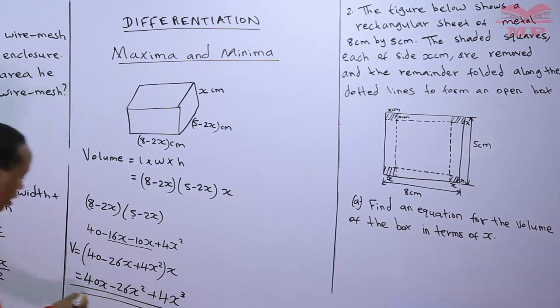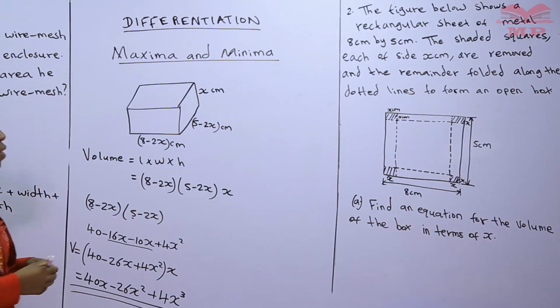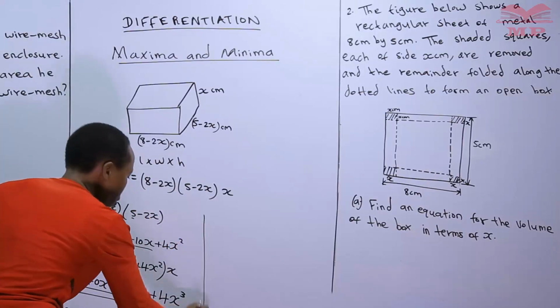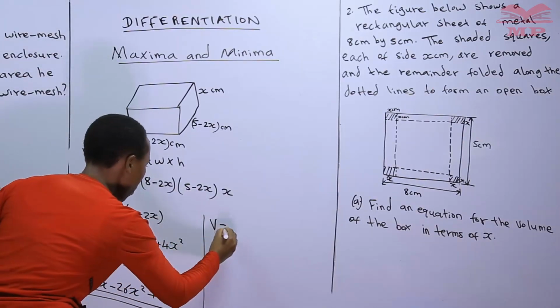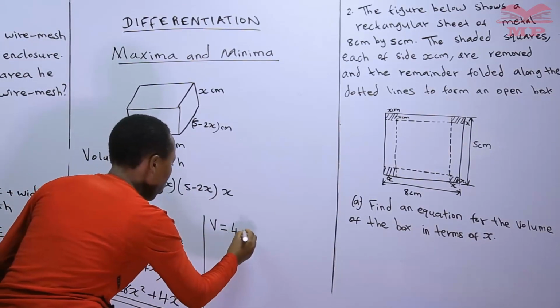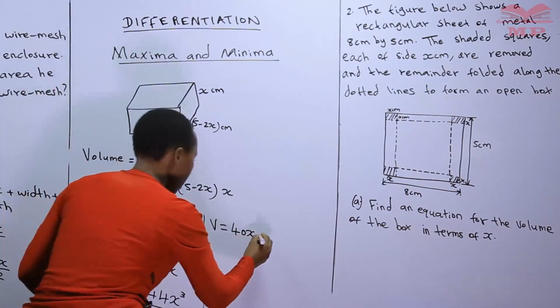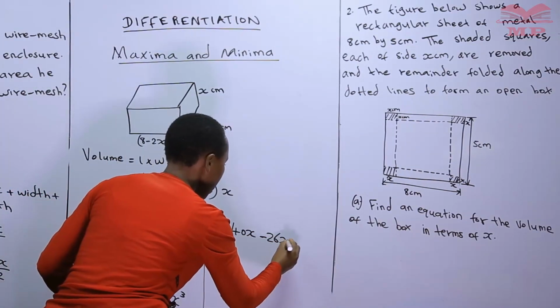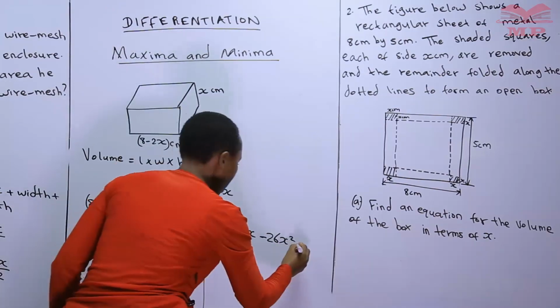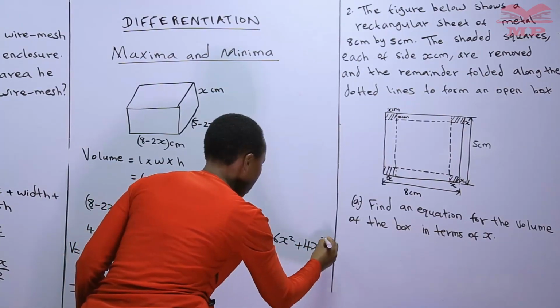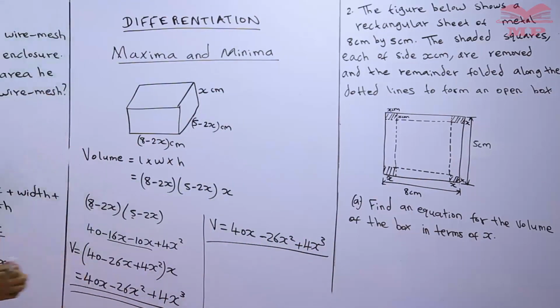That will give us the equation for the volume of the box in terms of x. So the volume is equal to 40x minus 26x squared plus 4x cubed. That is the equation for the volume.